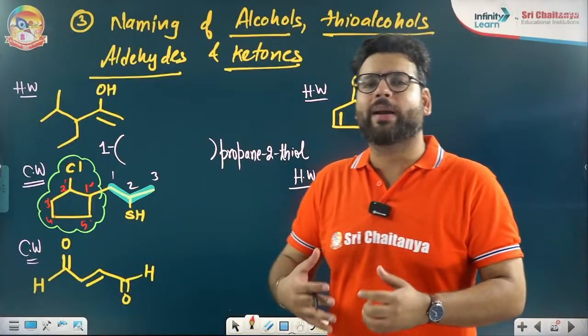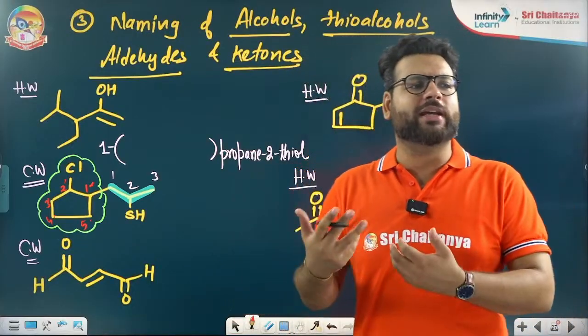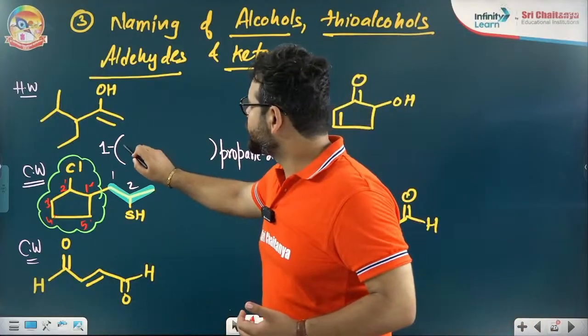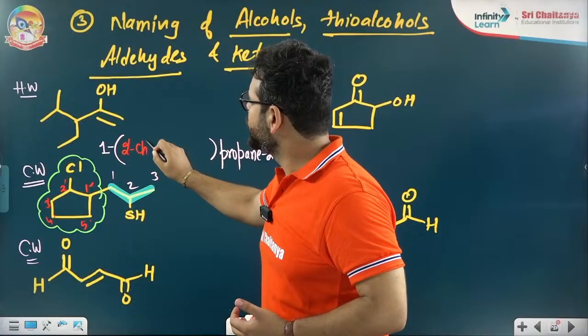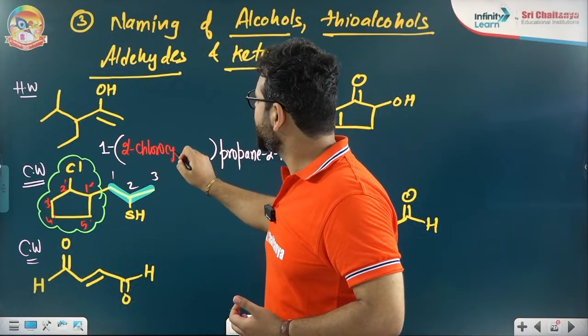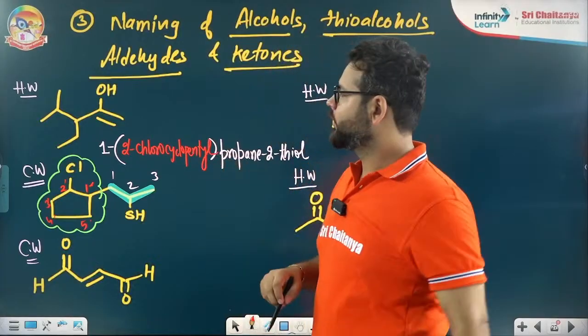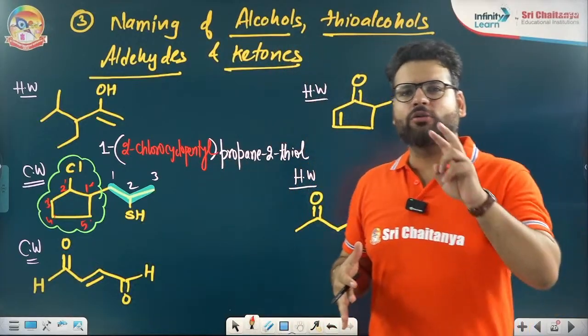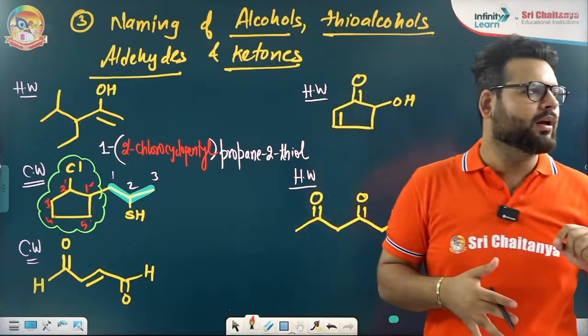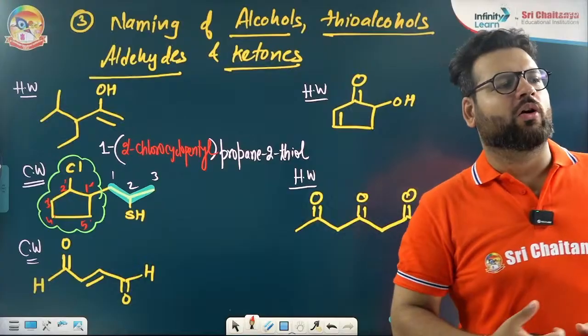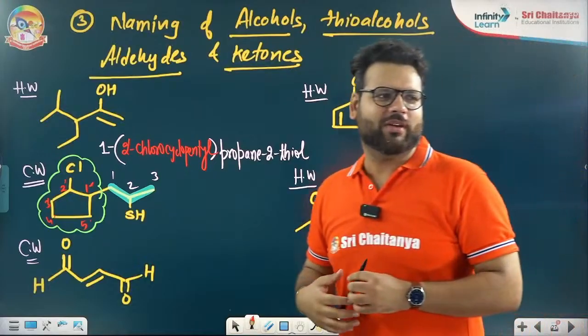What kind of cyclopentyl? 2-chlorocyclopentyl. So I'll name it as 2-chlorocyclopentyl. At number 1, I have a 2-chlorocyclopentyl on a propane thiol.